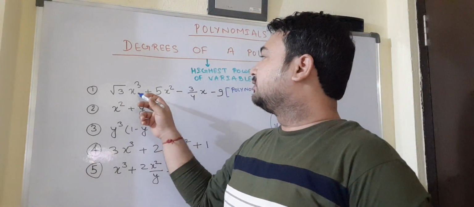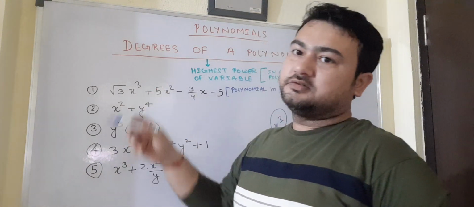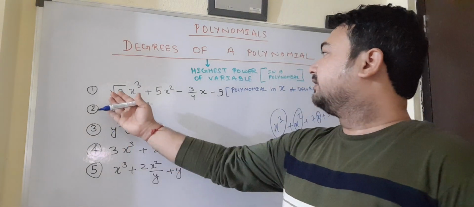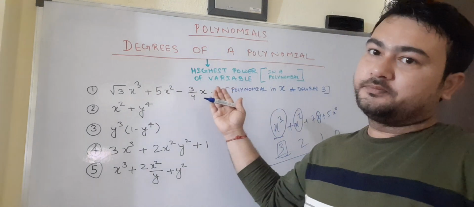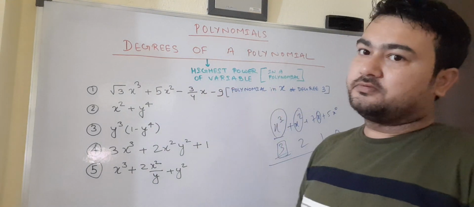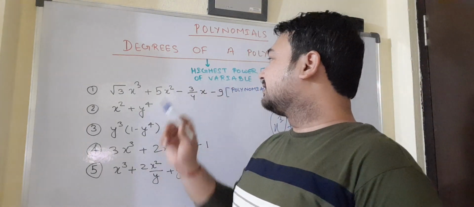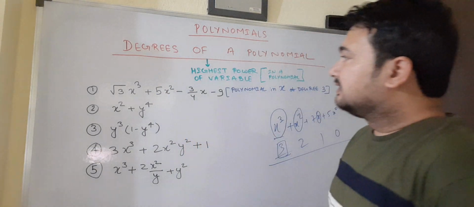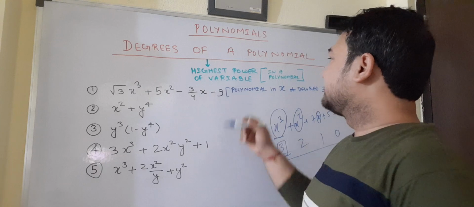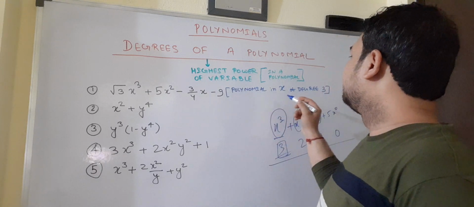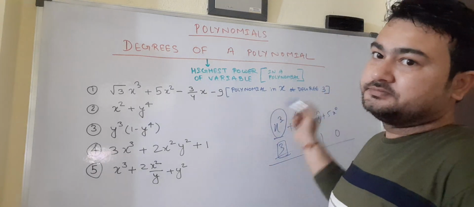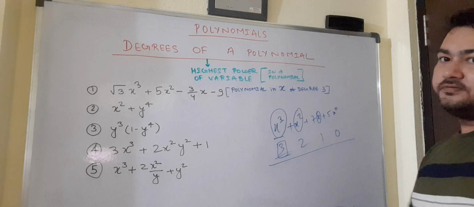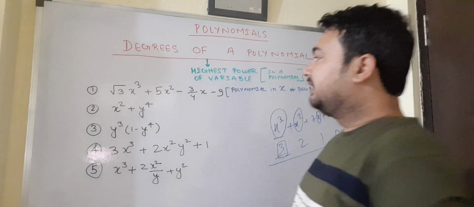And in this term, root 3x cube, this variable has a power 3. So if you look at this polynomial, the highest power of the variable is 3. So the degree is 3. You can say it is a polynomial in x of degree 3.